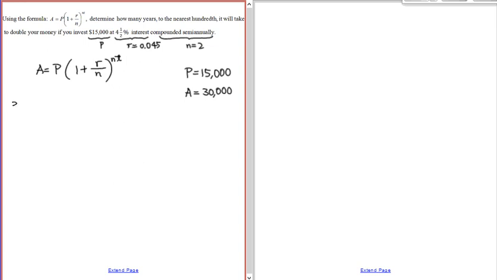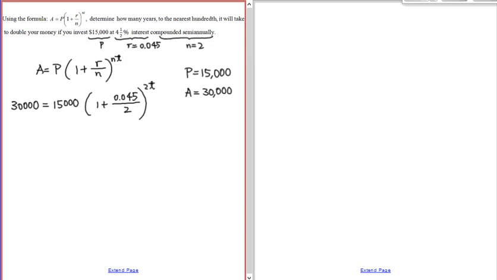So let's put in all these numbers. 30,000 would be equal to 15,000 times, open parenthesis, 1 plus 0.045 divided by 2, close the parenthesis and raise it to the 2t.